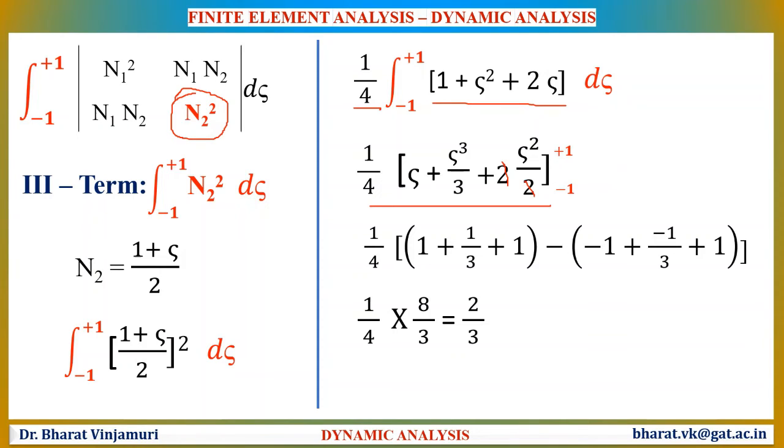This value will also be equal to 2 by 3. Thus, the value of 2 by 3 can replace this term N2 square. Once after finding all the values, these values are replaced in the following equation.